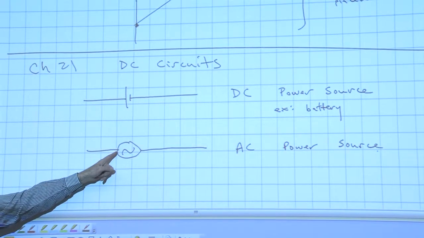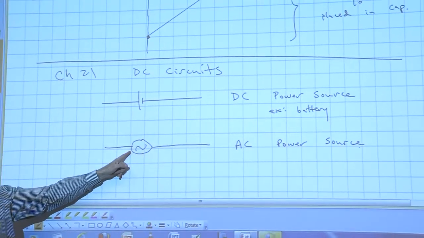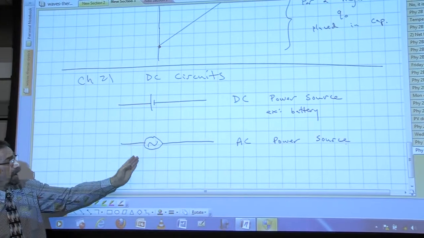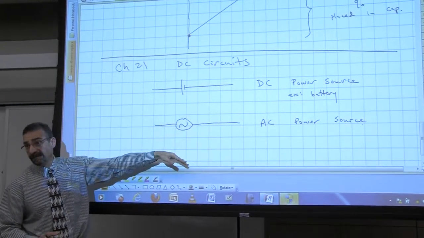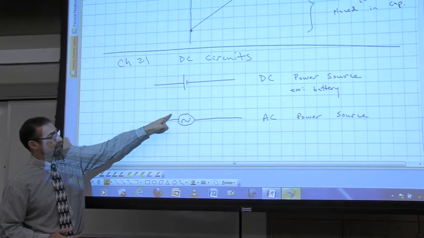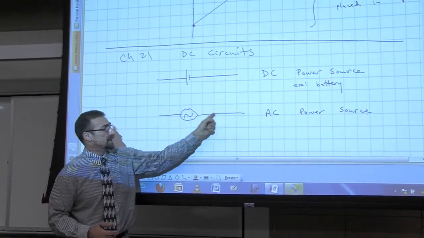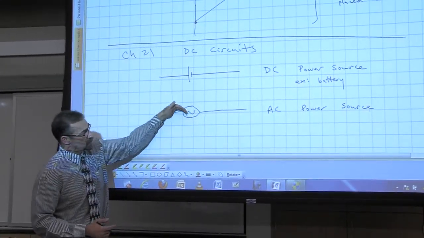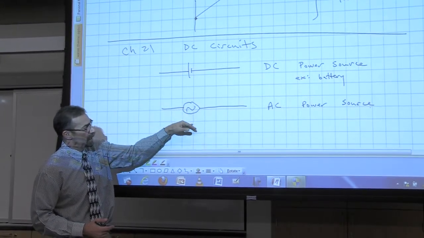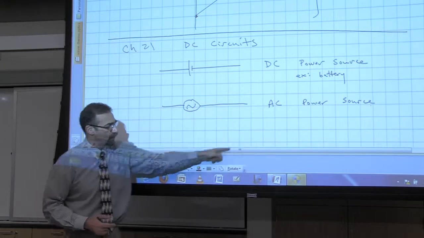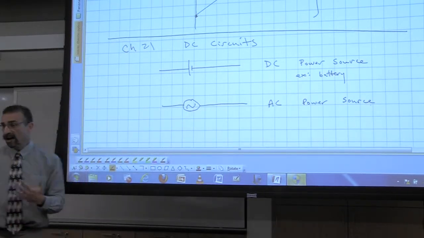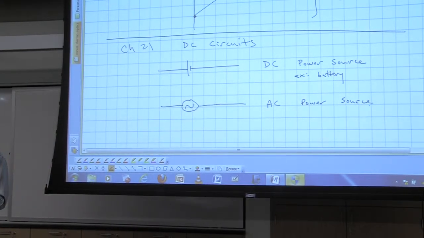At some instant in time, the left side of your power supply has positive voltage, and the right side is negative. The current is flowing from the positive side through your circuit to the negative side, and then the voltage switches. It goes through zero, and it goes negative, where this side would be negative and this side would be positive, and the current's flowing the opposite direction. It alternates. It's AC, which stands for alternating current.